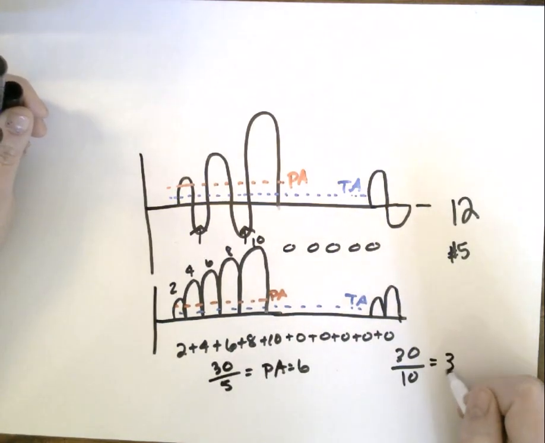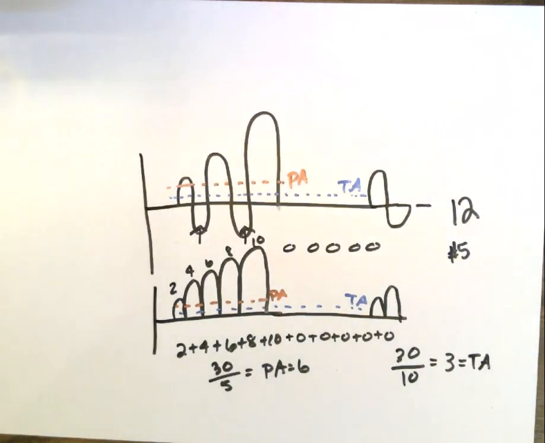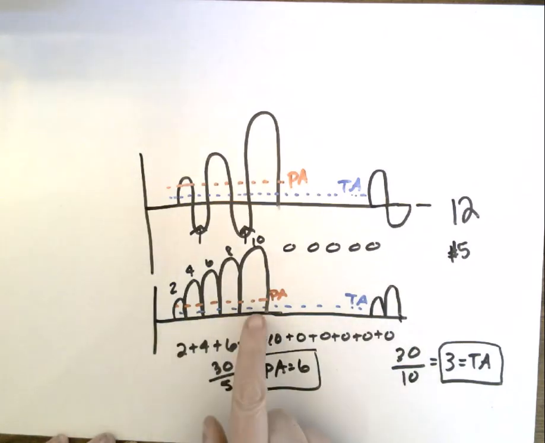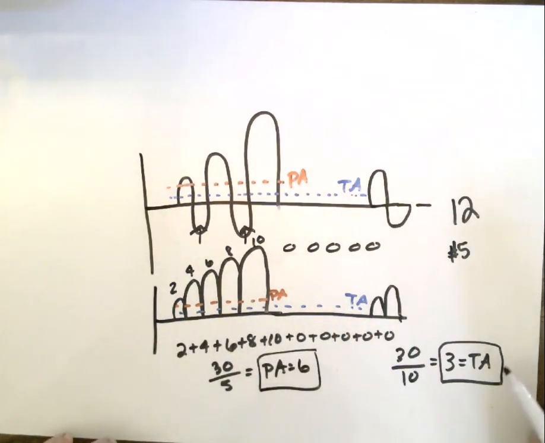So 30 divided by 10 equals 3, and that's our temporal average. And so we can see that the temporal average does include that off time. Temporal average is lower because of that, so the temporal average intensity is lower than our pulse average intensity. The patient is always receiving the pulse and that off time, which is why we consider spatial peak plus temporal average for our bioeffects.